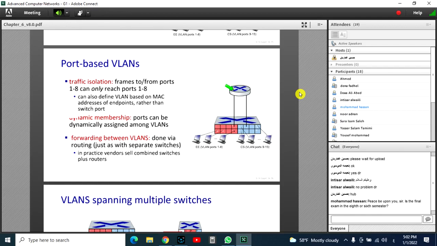But a better option in this case is using VPLS technology, virtual private LAN service.